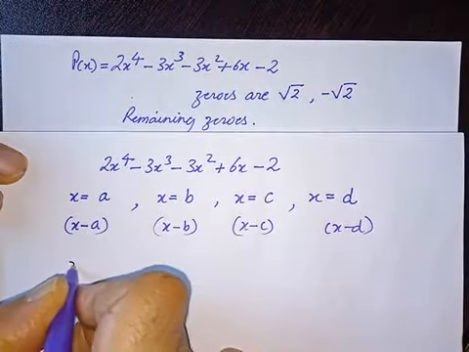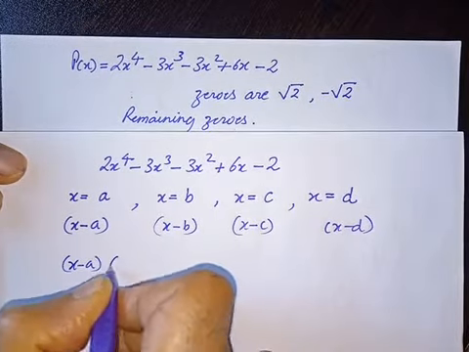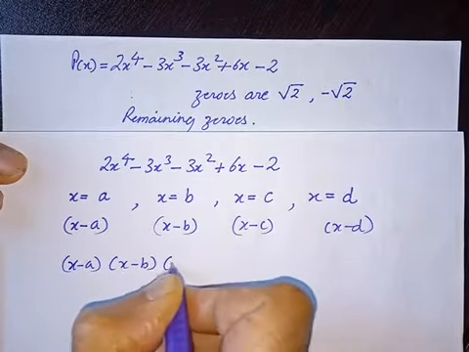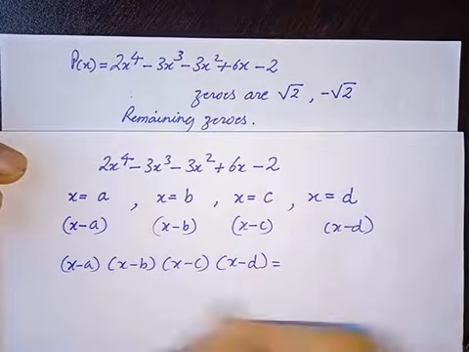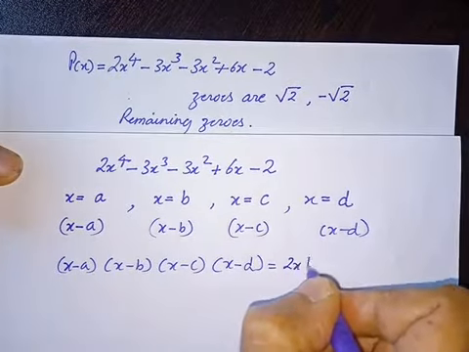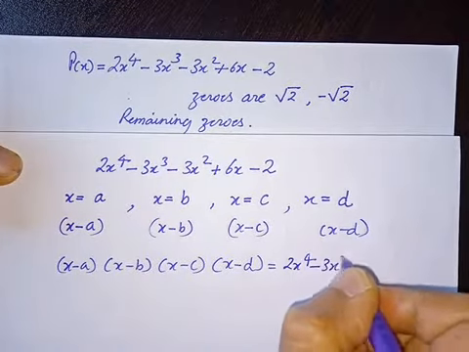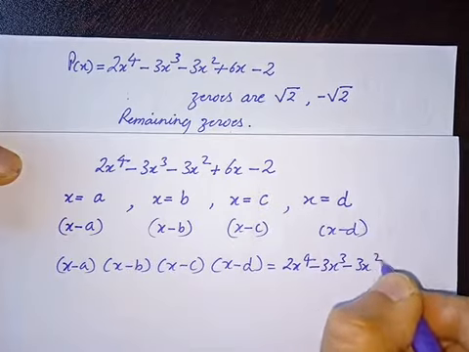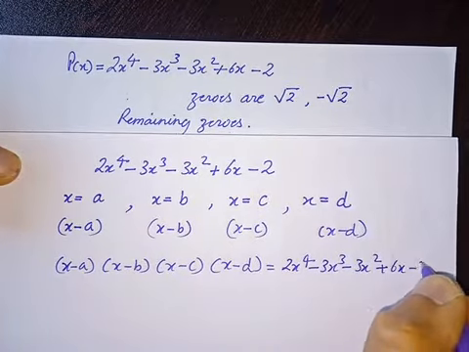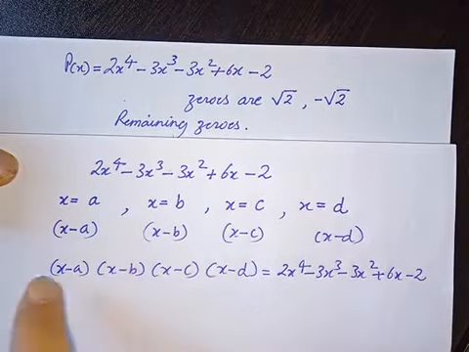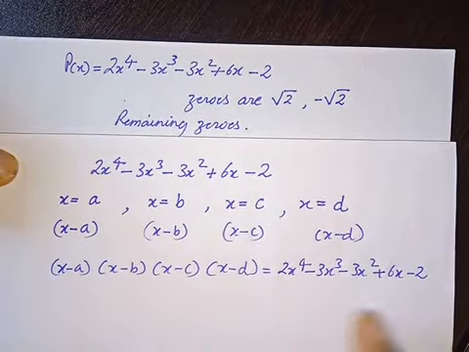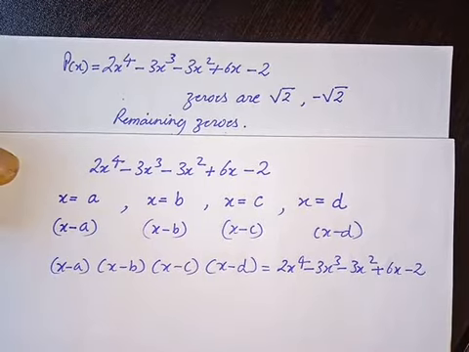Now if you multiply these factors, what will you get? You will get 2x to the power 4 minus 3x cube minus 3x square plus 6x minus 2, because these four are the roots of this polynomial. So on multiplying these four factors, we get this polynomial again.